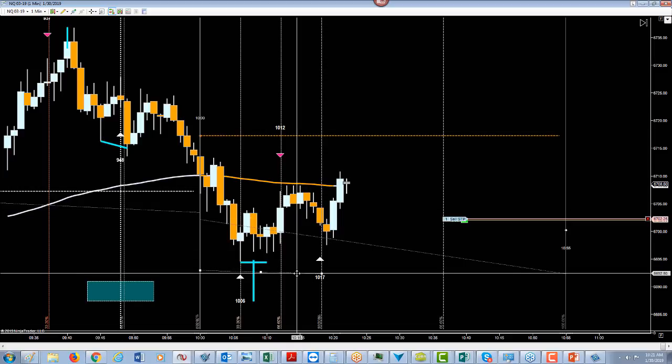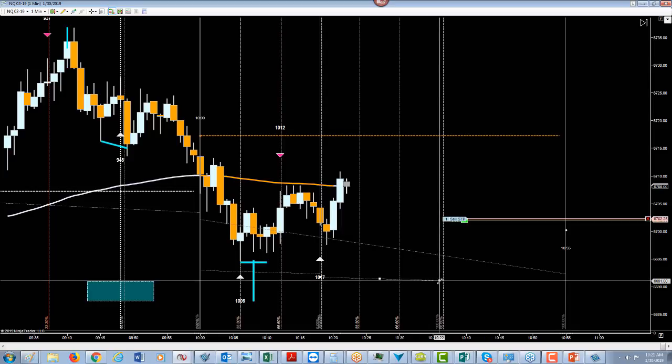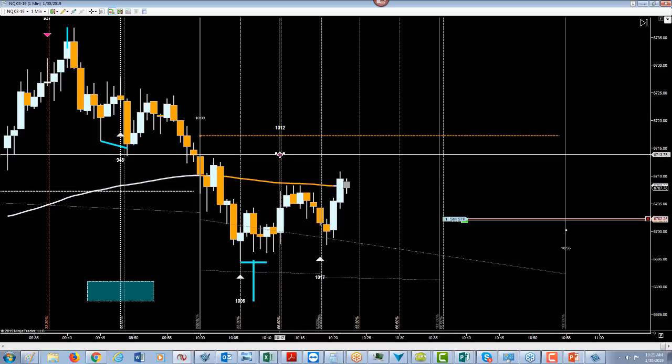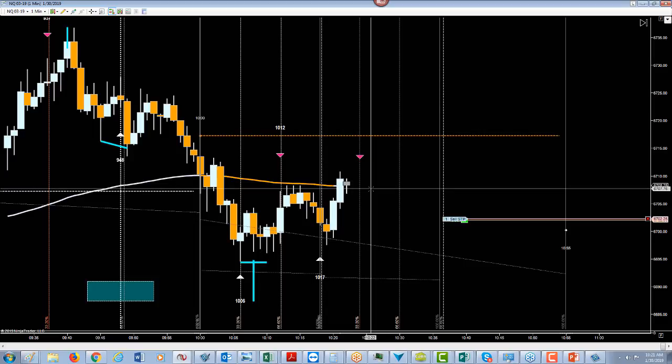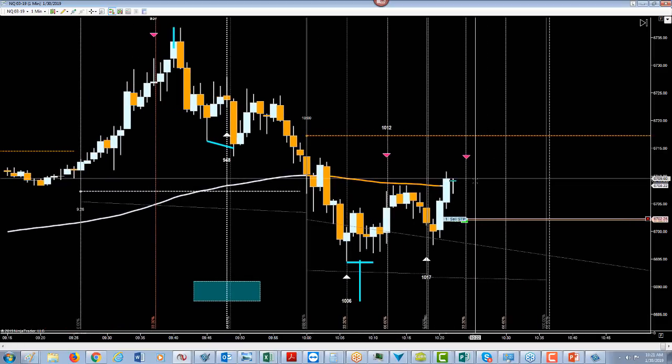I guess if we did, it would be like that. So these little micro movements would have another split right here on that bar. Pretty sure it would be that bar.